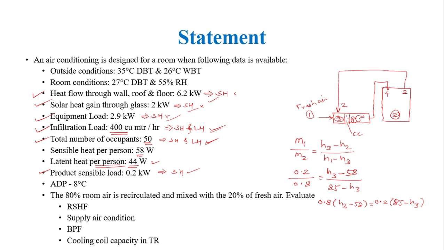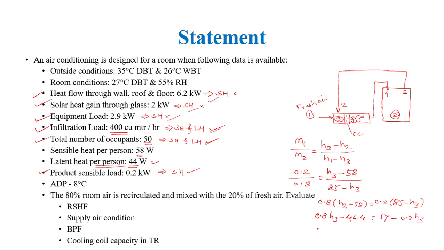When we do the calculation, it is 0.8 H3 minus 0.8 into 58. 0.8 into 58 is 46.4, which is equal to 0.2 into 85, which is 17, minus 0.2 H3.